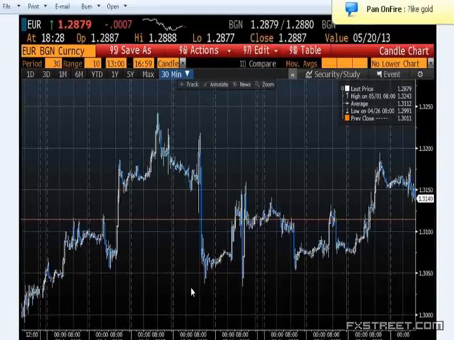But the attribute of this is that gold is interesting, but I'm not going to have time to get to it today. The attribute of this is when the stops are done, the market stops, and most of the time it creeps back to the same level.